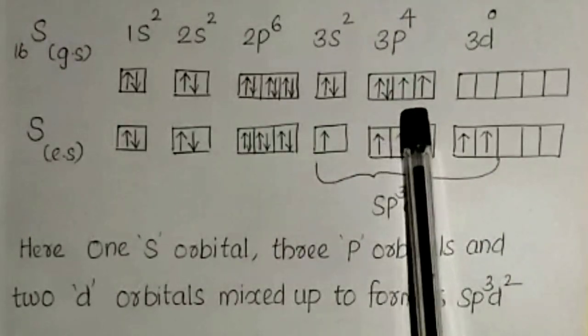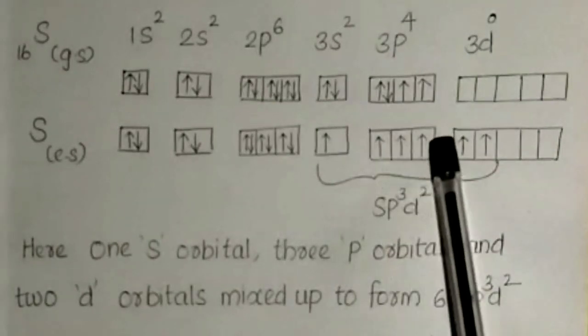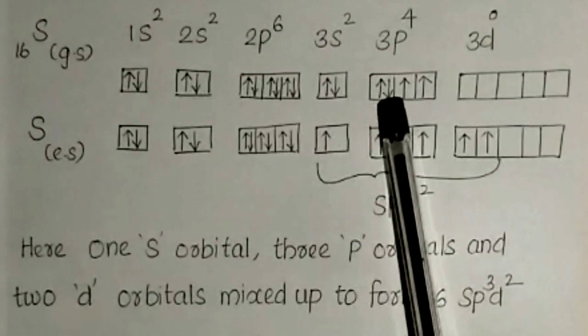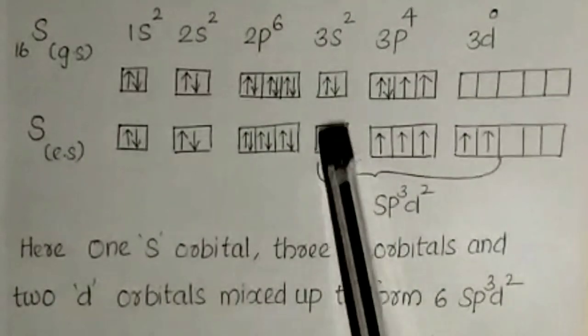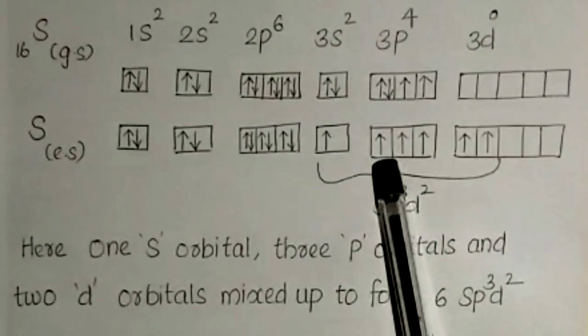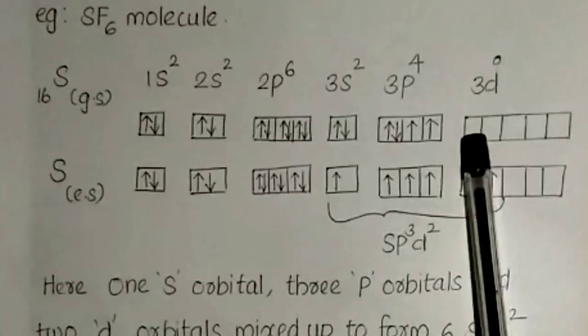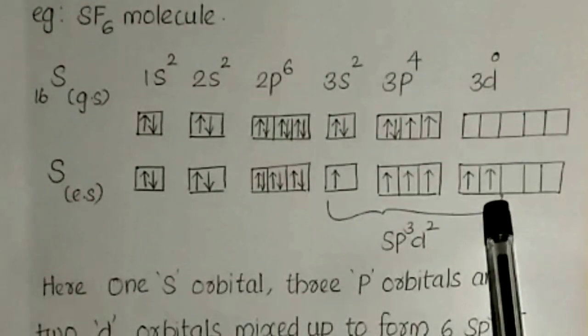So for mixing, 1 electron from the 3s level jumps to the 3d level and becomes unpaired, and here also 1 electron jumps to the 3d level. Then here 1 electron, here also 1 electron, here already 1 electron is there. Then from here 1 electron jumps to the 3d level, and another electron jumps to the 3d level.